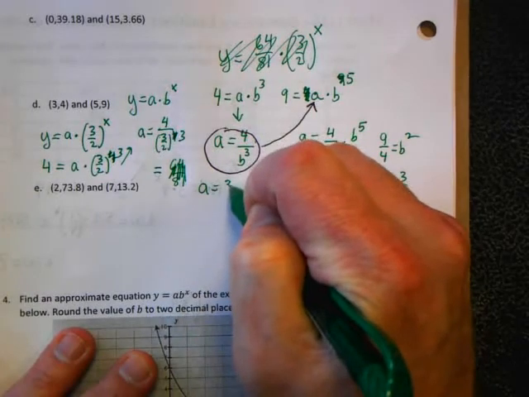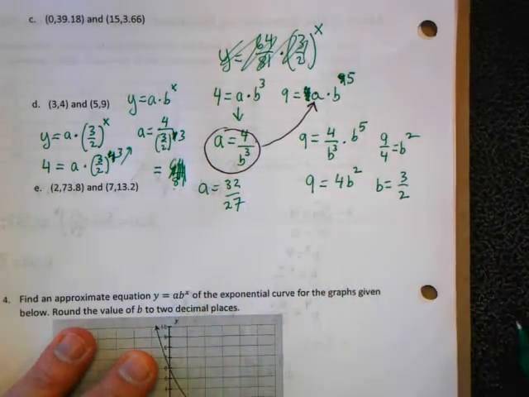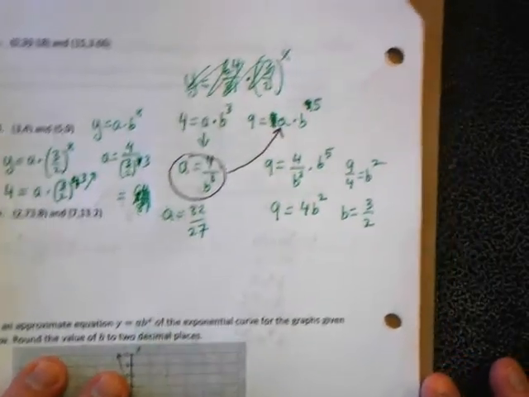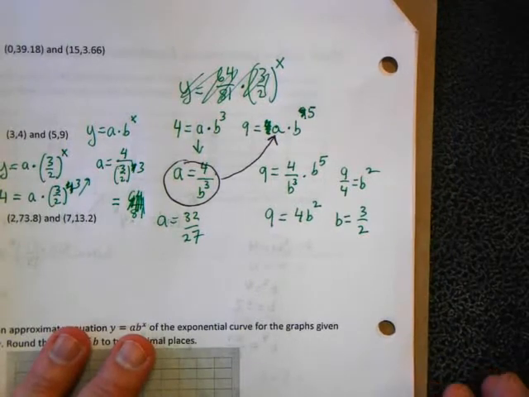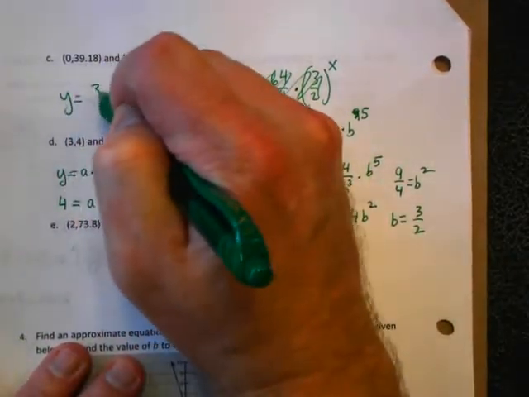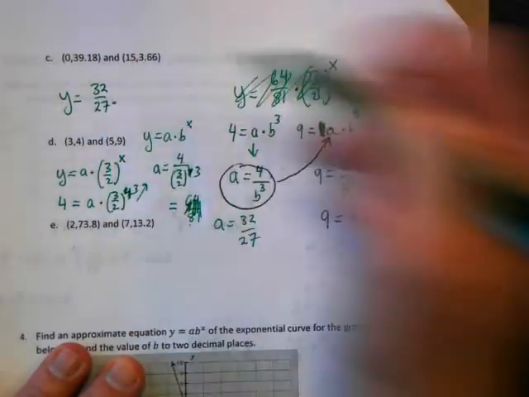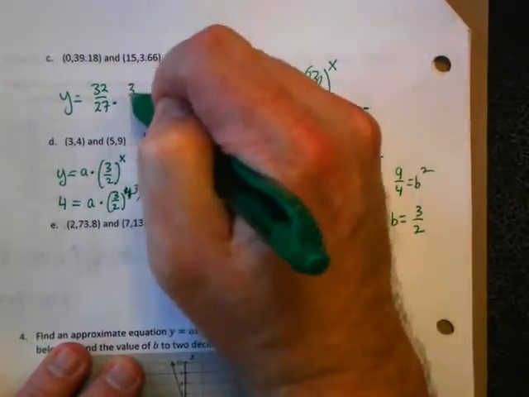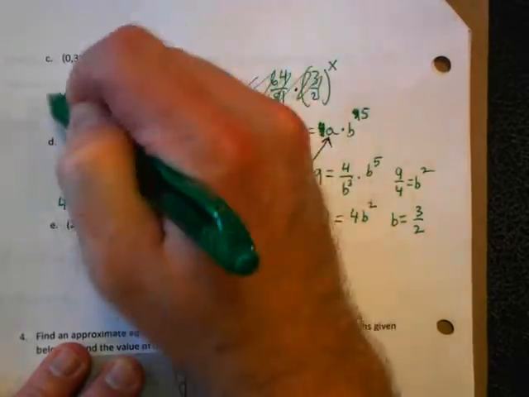A is 32 over 27. So, final answer, after I butchered this one 3 times: y equals 32 over 27 times 3/2 to the x.